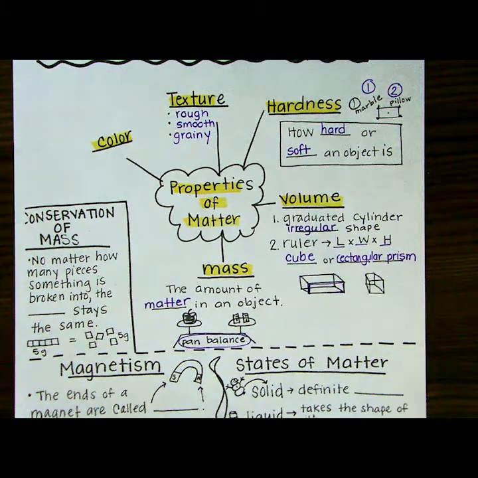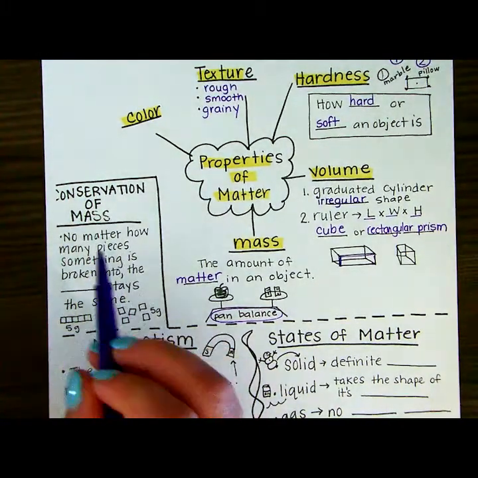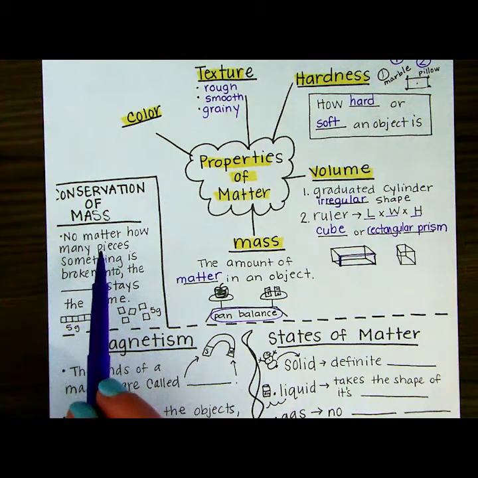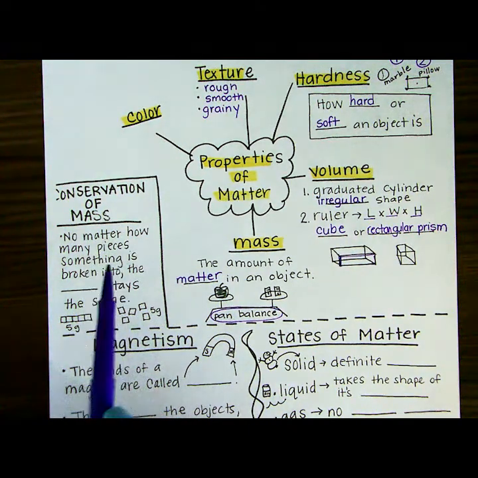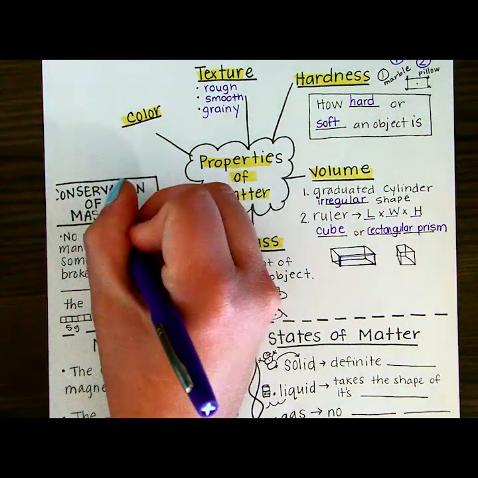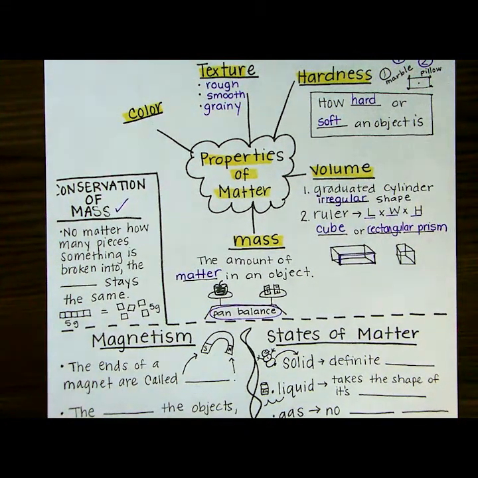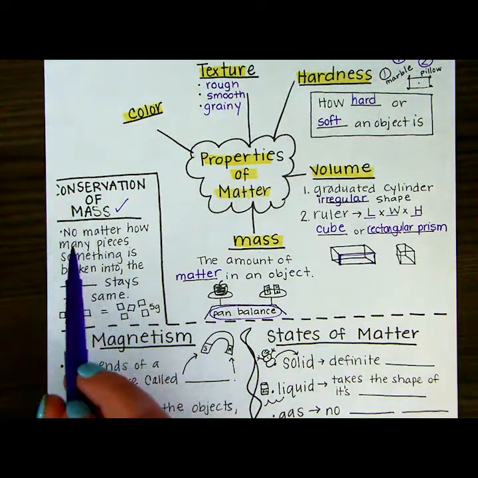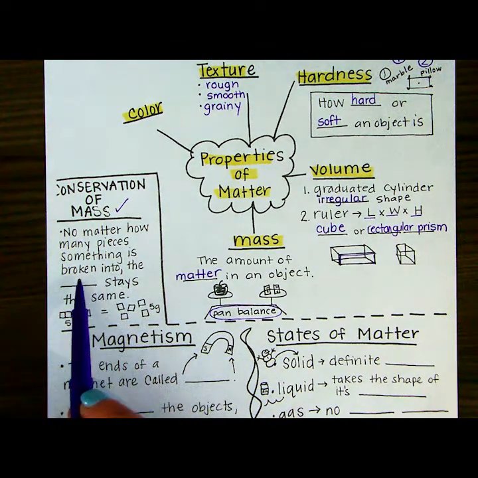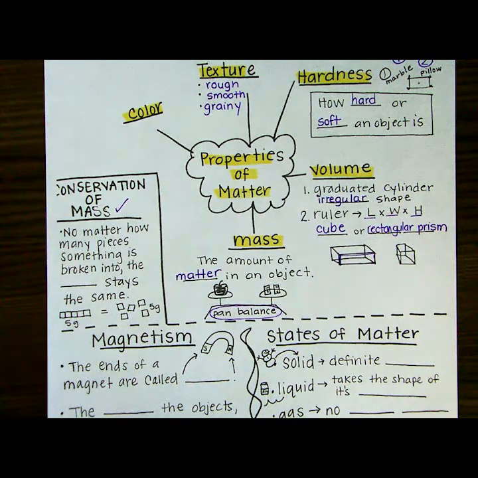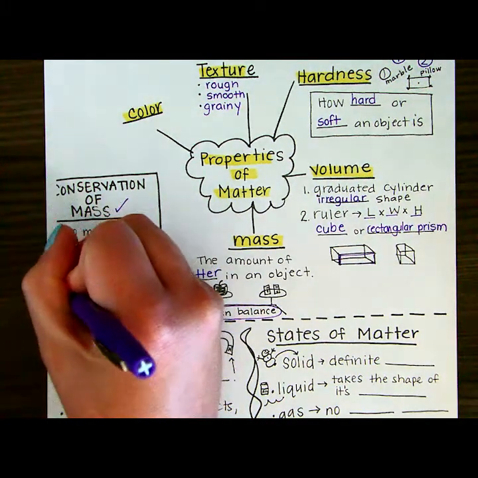So when Mrs. Body decided to smash a dinner plate on her dining room table, what she was demonstrating was the conservation of mass. When we're talking about the conservation of mass, really what we're saying is that no matter how many pieces something is broken into, the mass stays the same.